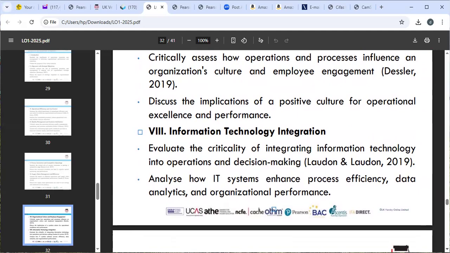Information technology integration. Evaluate the criticality of integrating information technology into operations and decision making.